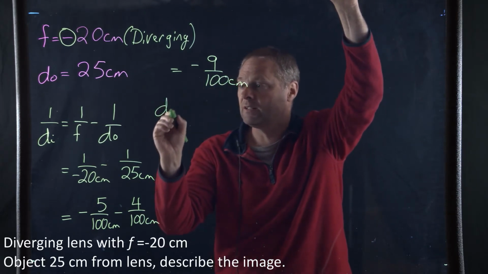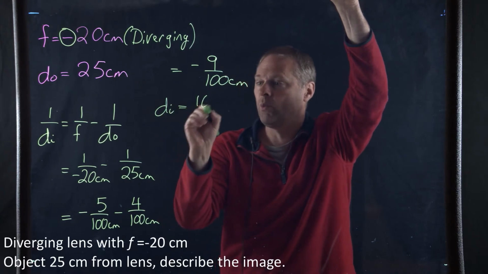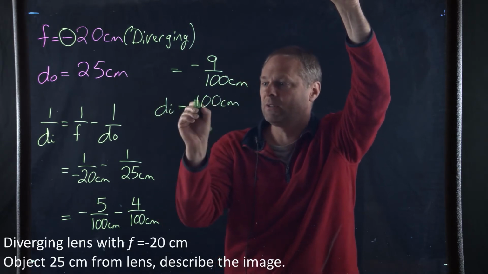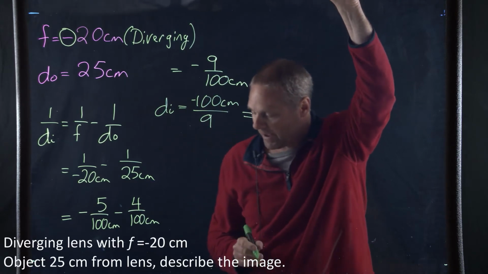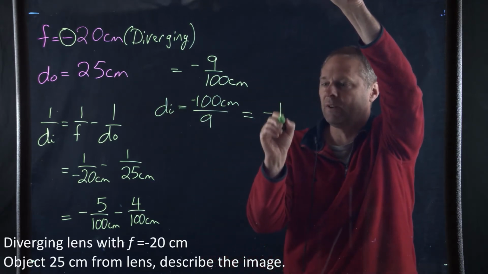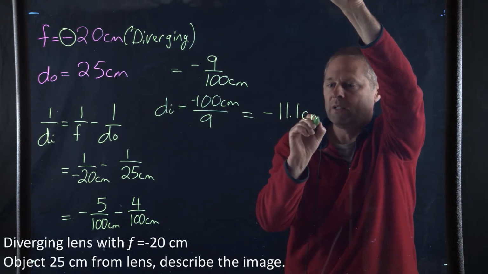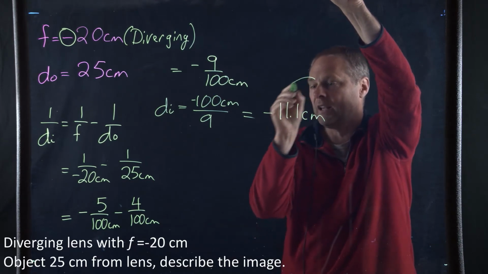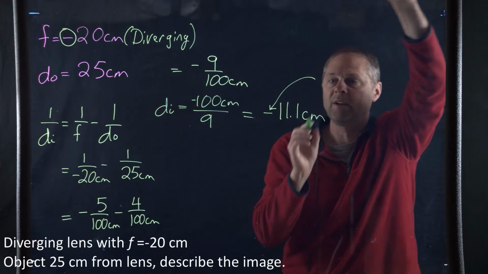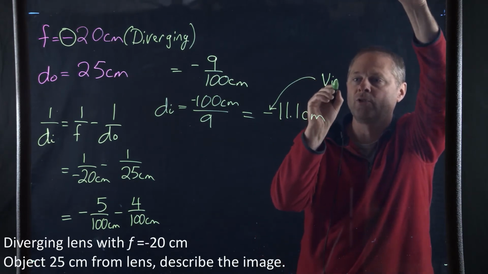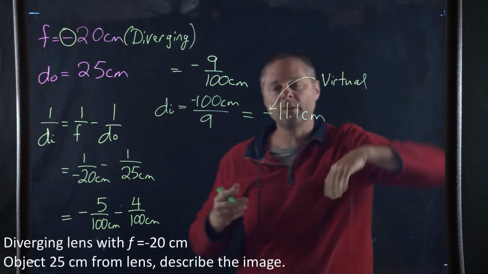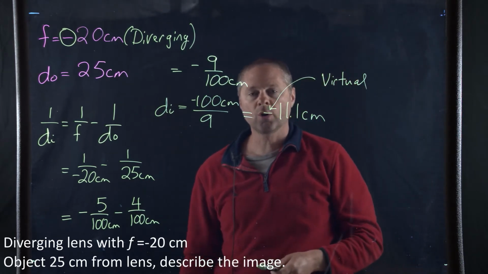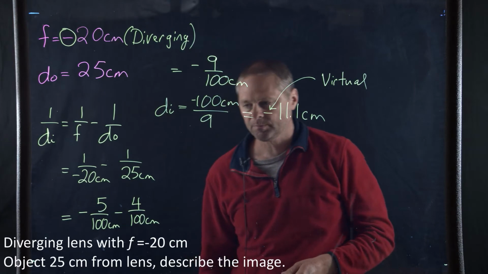Therefore, the distance of the image is going to be 100 centimeters negative divided by 9. That value is equal to a negative 11.1 centimeters. Now, what this tells us is because that's negative, this is going to be a virtual image. It will not be an image which can be displayed upon a screen or could actually be captured.